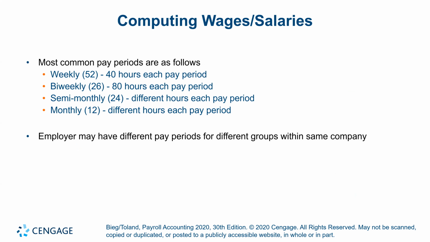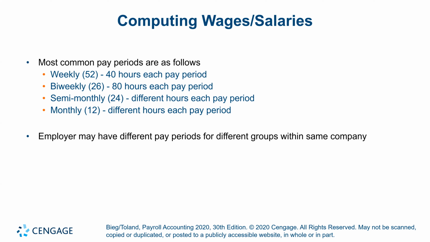All right, computing wages and salaries. Again, we've gotten some practice with this already, and we're going to continue to get practice as we go through the remainder of our exercises and the remainder of chapter 2. The most common pay periods are weekly, which is 52 weeks in a year and 40 hours each pay period; bi-weekly, which is every 2 weeks, so there's 80 hours in a pay period; or semi-monthly, which is twice a month.